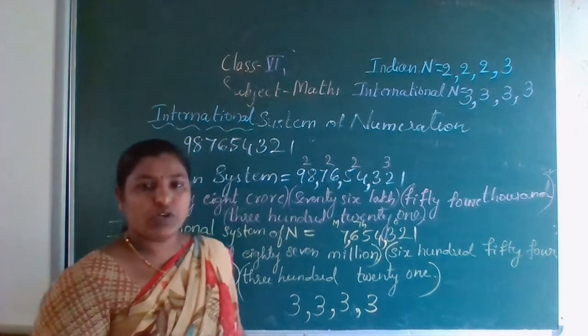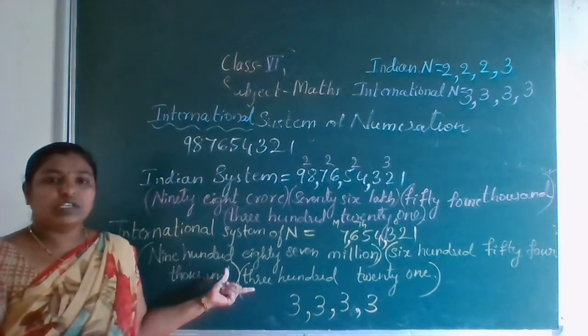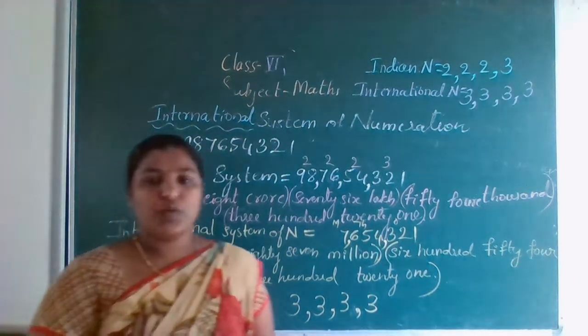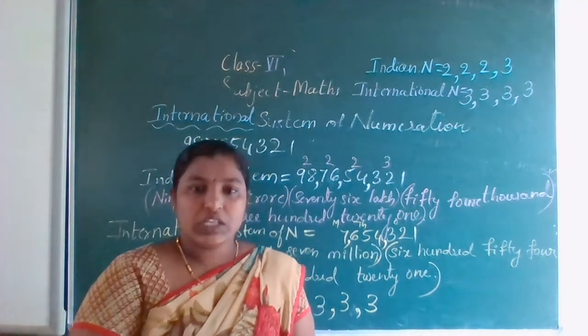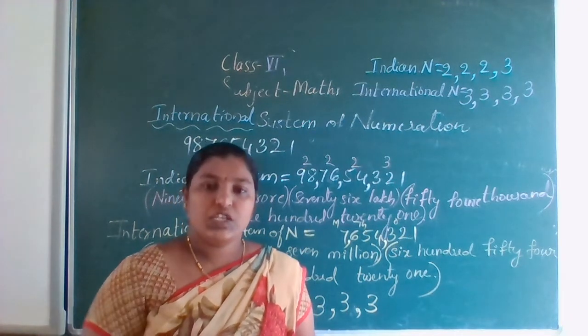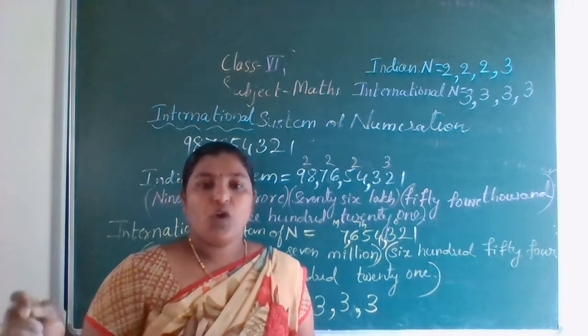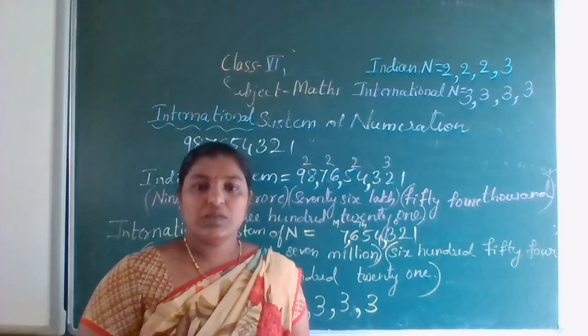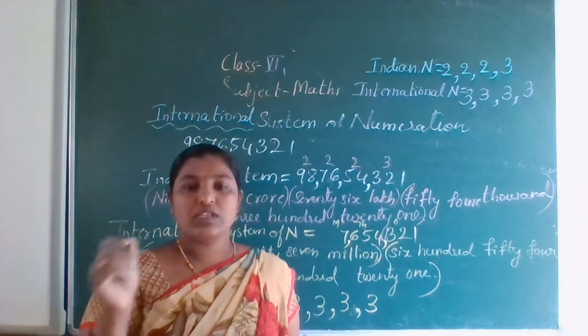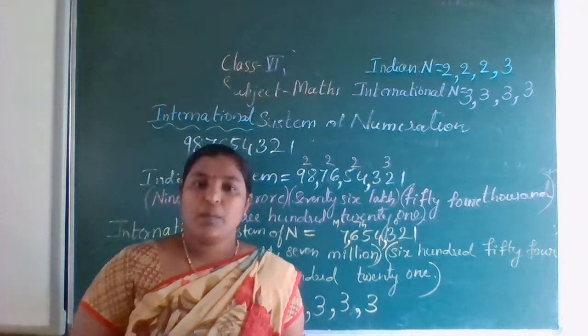Like this we should read. This is all about the Indian system of numeration and the international system of numeration. After watching this, you have to be able to write the Indian system of numeration, giving commas and writing number names, and the international system of numeration, giving commas as well as writing the number names.